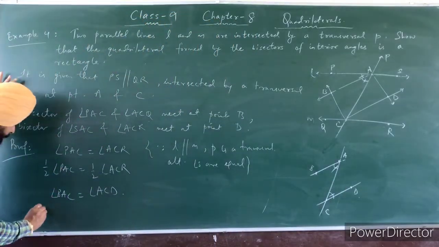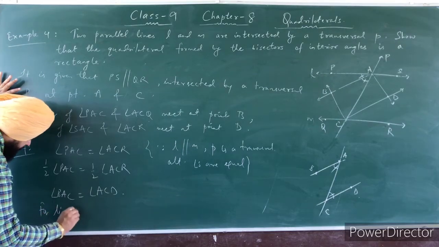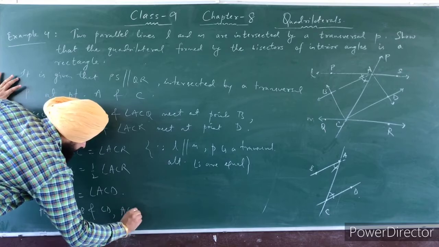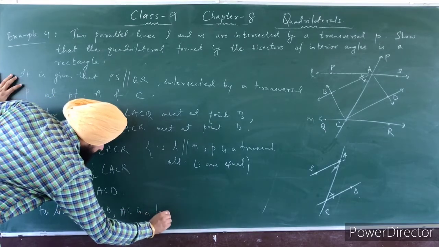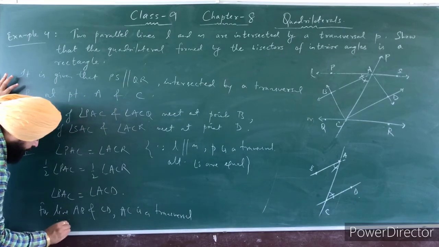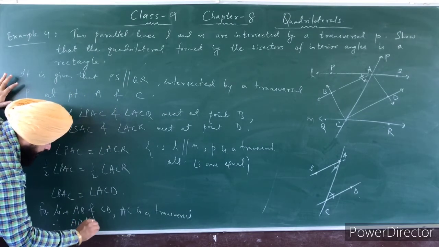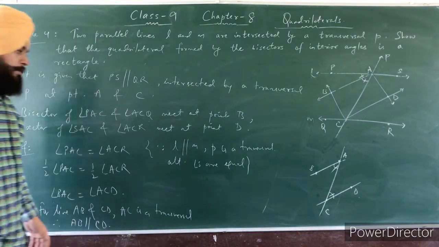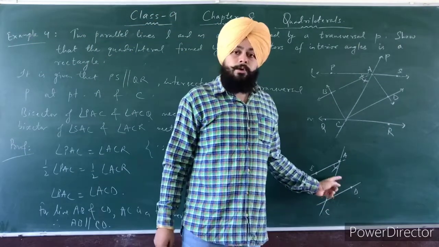So you can write here: for lines AB and CD, AC is a transversal, therefore AB is parallel to CD. Because these are the pair of alternate angles and they are equal also.